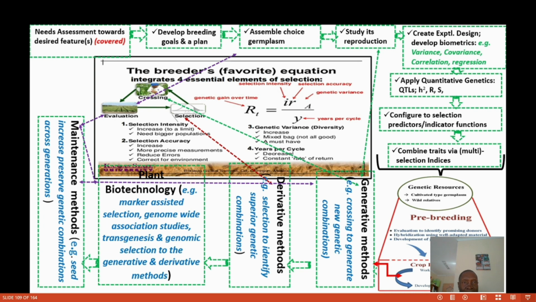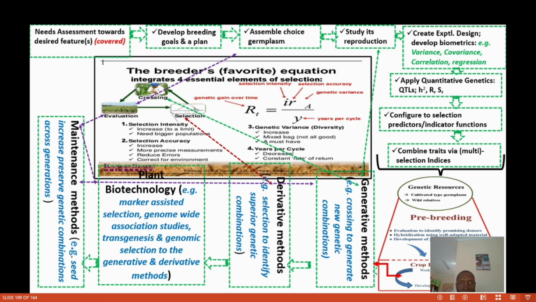Who is the client? The client is the producer, the farmer, who expects to use the new variety for his production. And you cannot create a product for a user unless you know what the user wants.